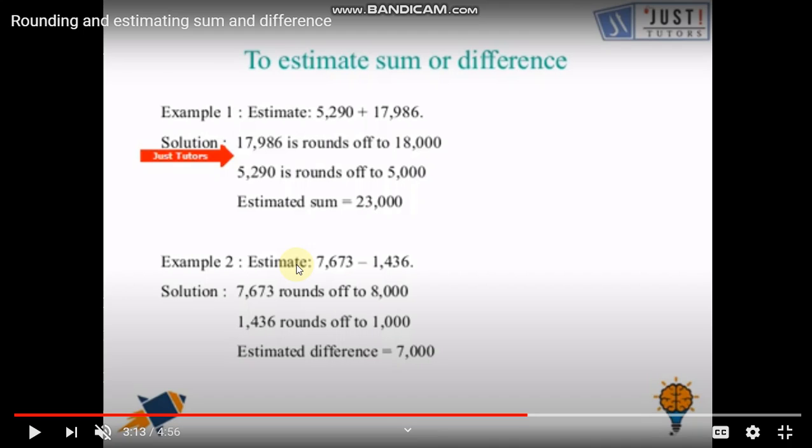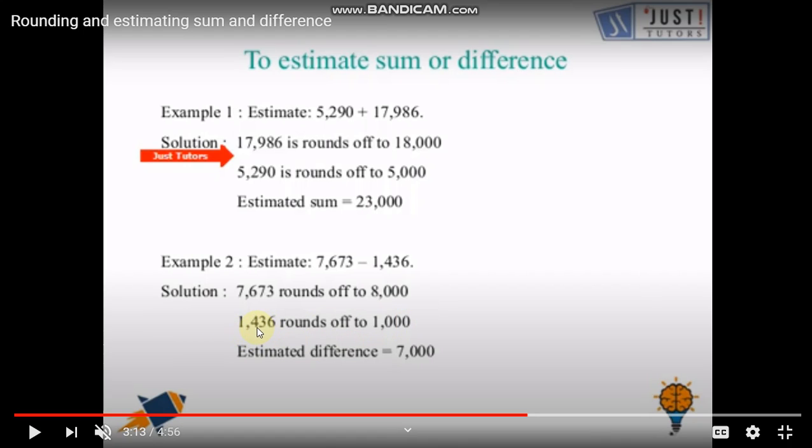So we come to the estimated difference. For example, estimate 7,673 minus 1,436. 7,673 we round up to 8,000. See, the last three digits 673 are greater than 500, so we round up to 8,000. Again 1,436 is rounded to 1,000.